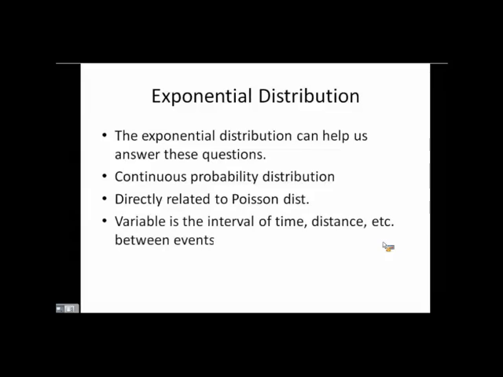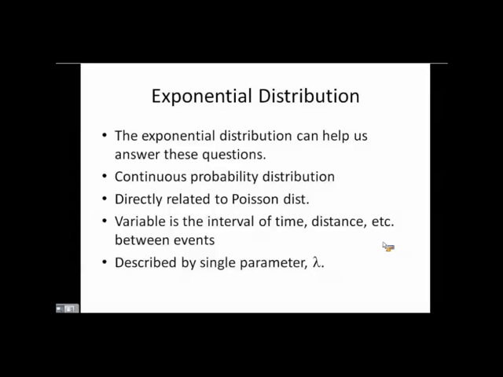The variable, like I said now, is this continuous interval of time or distance or what have you between events. So again, we're talking about just 2 sides of the same coin, if you will, not the probabilities of the numbers of events per unit time in this case, but the probabilities of certain amounts of time elapsing in between events.